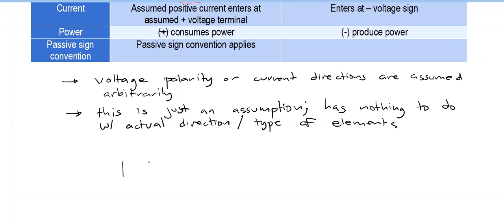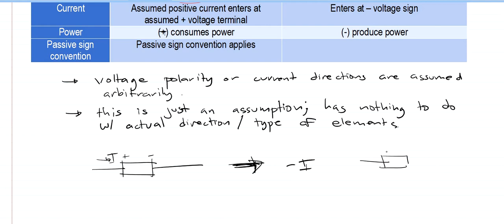Let's say right here we have this positive I and this plus minus, and we just assume arbitrarily that this will be plus and minus. But later on, if in the computation the I direction turns out to be negative, then that simply means it's the other way around. That simply means that it should be right here, going in this direction.